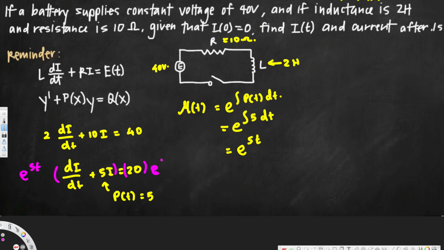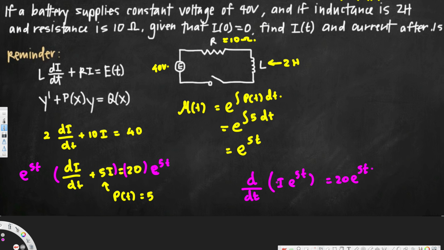After you multiply, you will get d, and I'm going to separate this d by dt alone. There's a reason behind it, you see. So d over dt of I e power 5t is going to be equal to 20 e power 5t.